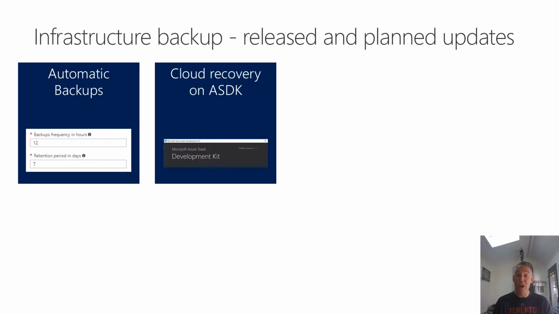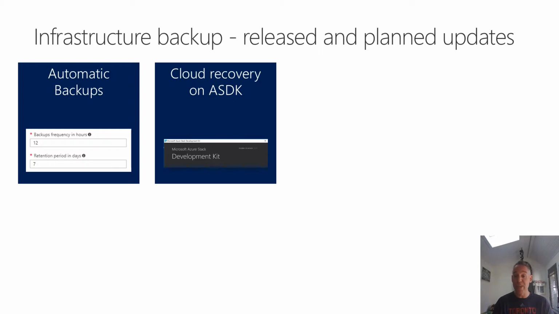If you need to recover from that backup, there is now the capability to take the backup on a multi-node production Azure Stack instance. And obviously, if you're rehearsing your disaster recovery, you'll want to restore it someplace. But you probably don't have another multi-node Azure Stack just hanging around to run this test once a year.